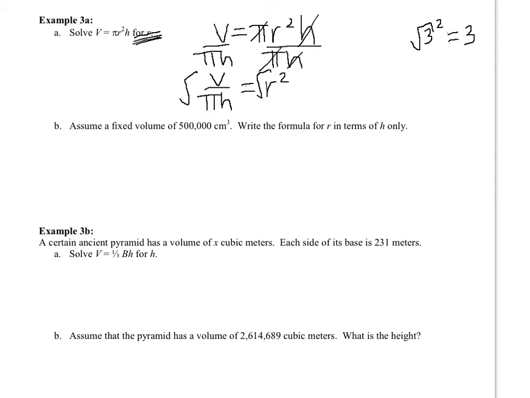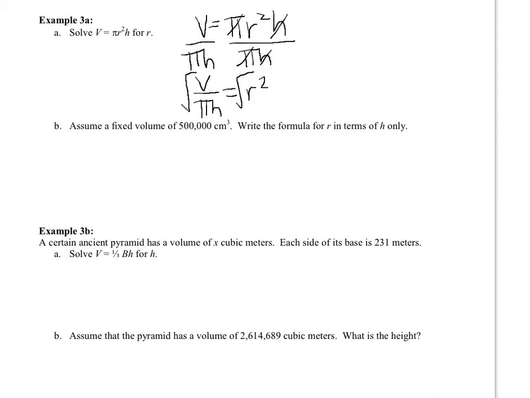So r equals the square root of V over the square root of pi times h, and that h is inside the square root as well. That is solving for r.